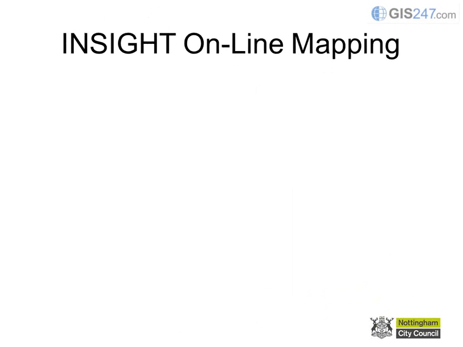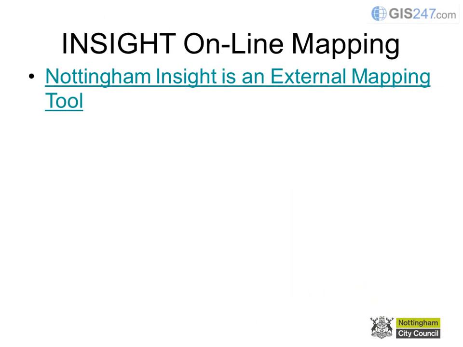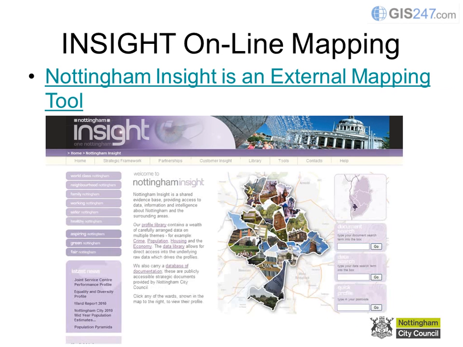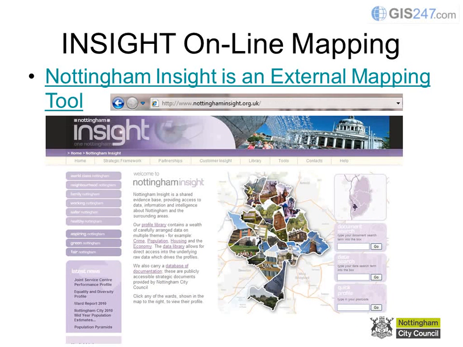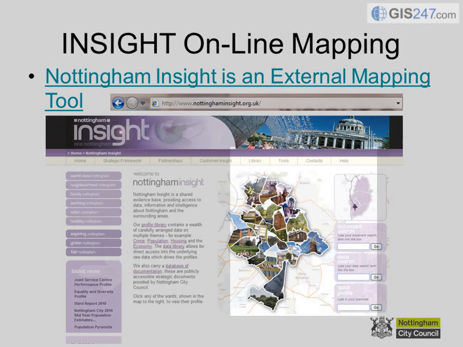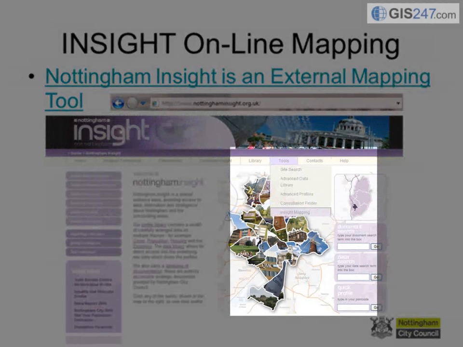Nottingham Insightmapping is similar to Nomad, except it has been branded for Nottingham Insight, our information sharing website containing data for Nottingham and its surrounding districts, and it is available to users external to Nottingham City Council. To access the application, open www.nottinghaminsight.org.uk, hover over the Tools tab and select Insightmapping.